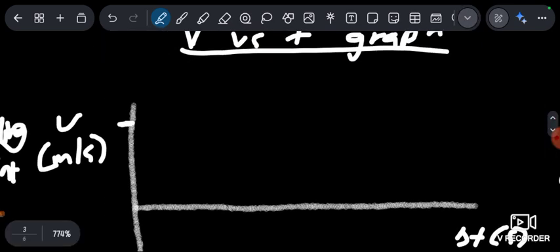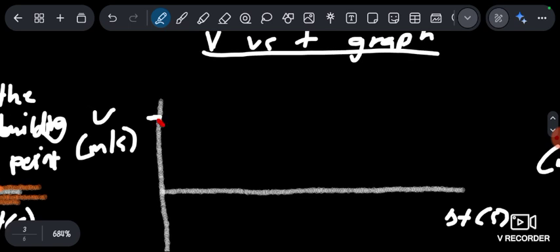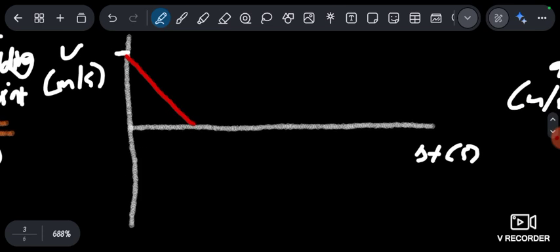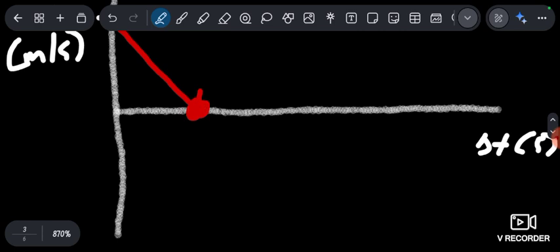So what is going to happen is that the ball is going to go up, right? When it goes up, it reaches maximum height. After reaching maximum height, the velocity is going to be 0 at that point. The velocity is going to be 0.